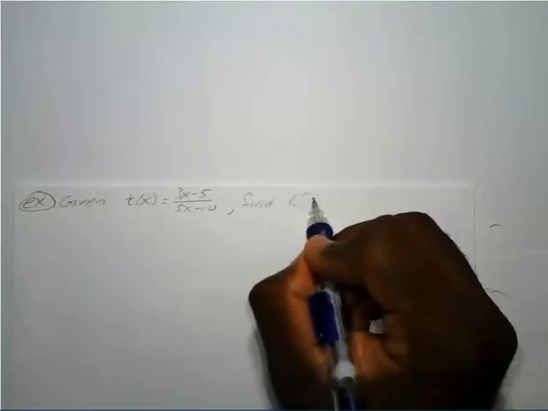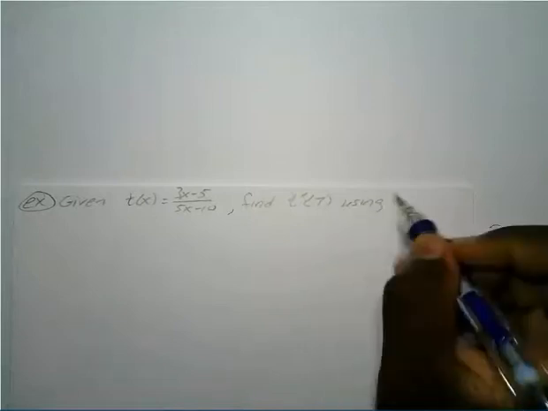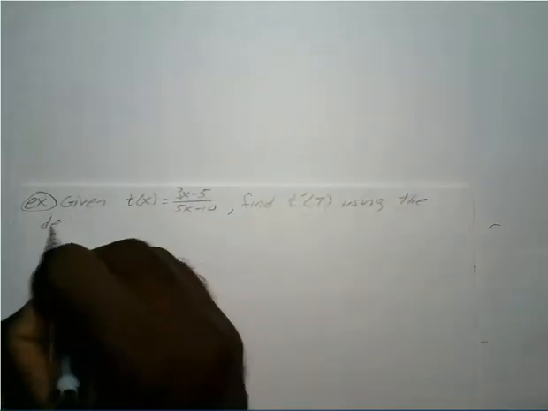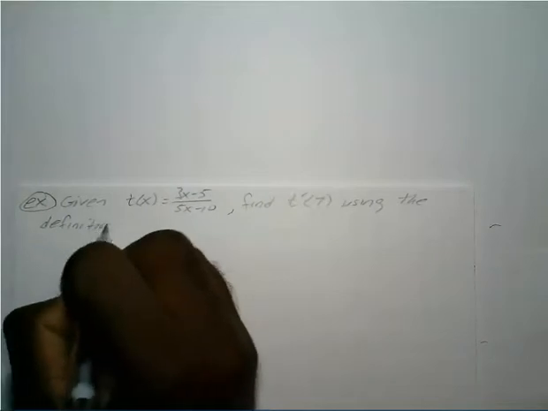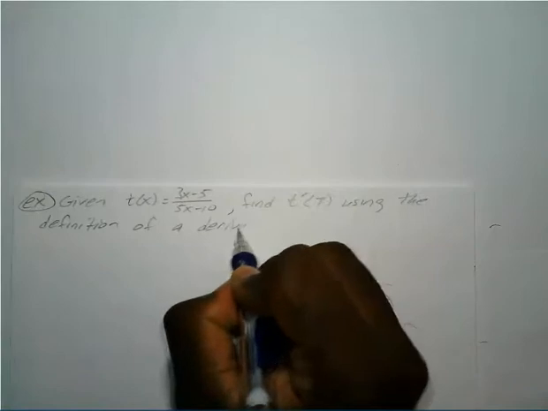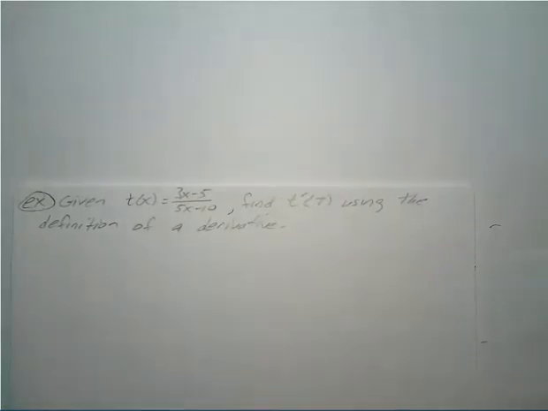Find t prime of 7 using the definition of a derivative.